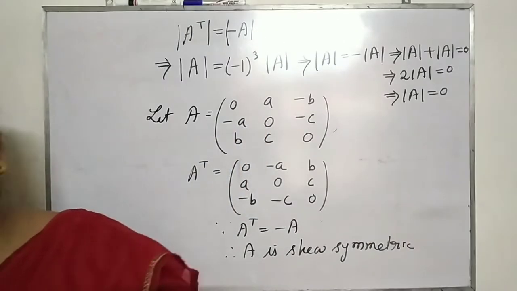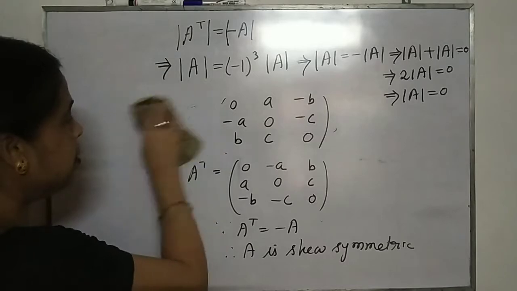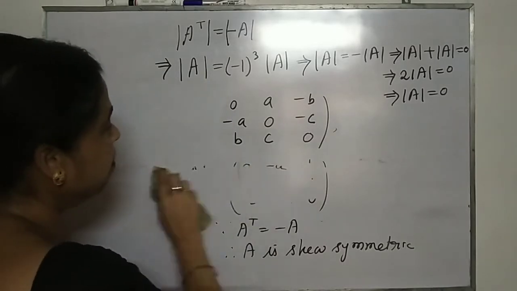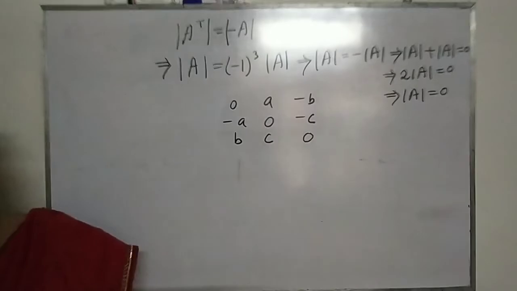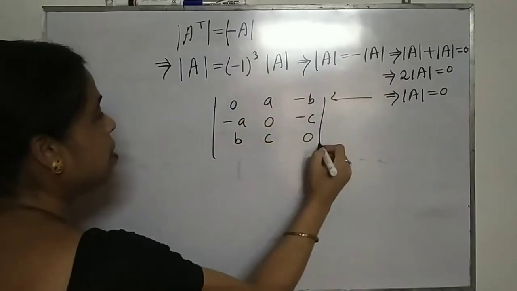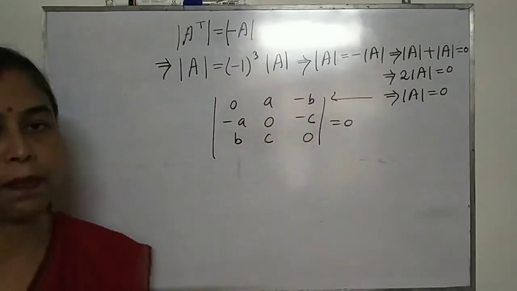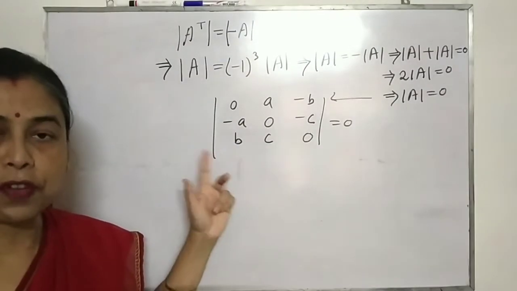Now what is determinant of A? Determinant of A means this matrix, and from the matrix you can write down the determinant form. So the determinant of this is equal to 0, which completes the proof of the result, because this is your determinant A and you had to show this result.